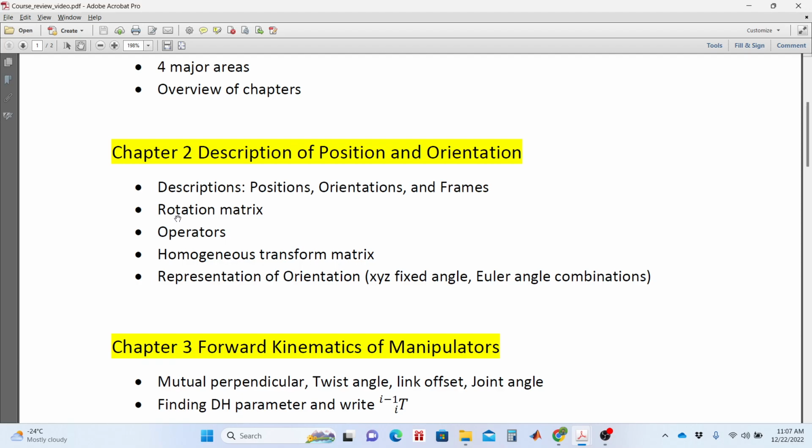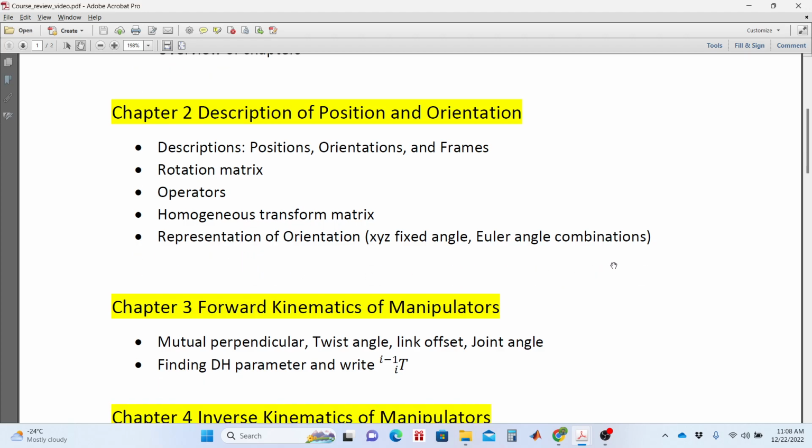One of the most fundamental topics I have learned in this course is the rotation matrix. And other than this, we have studied operators and the homogeneous transformation matrix, which is also one of the most fundamental parts in this course.